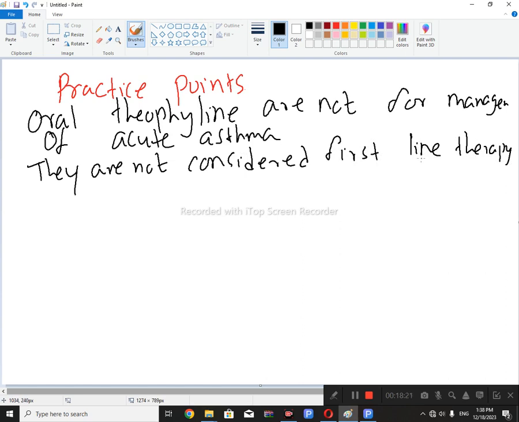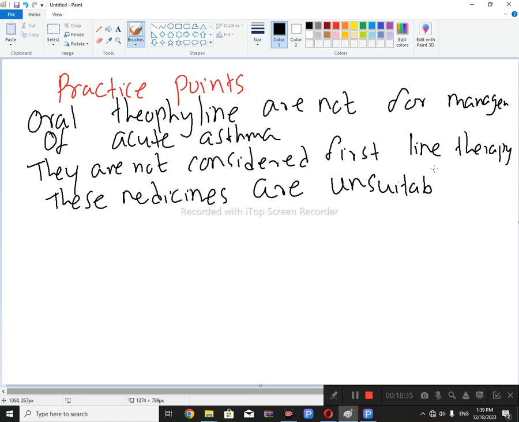These medicines are unsuitable when an immediate bronchodilator is needed.